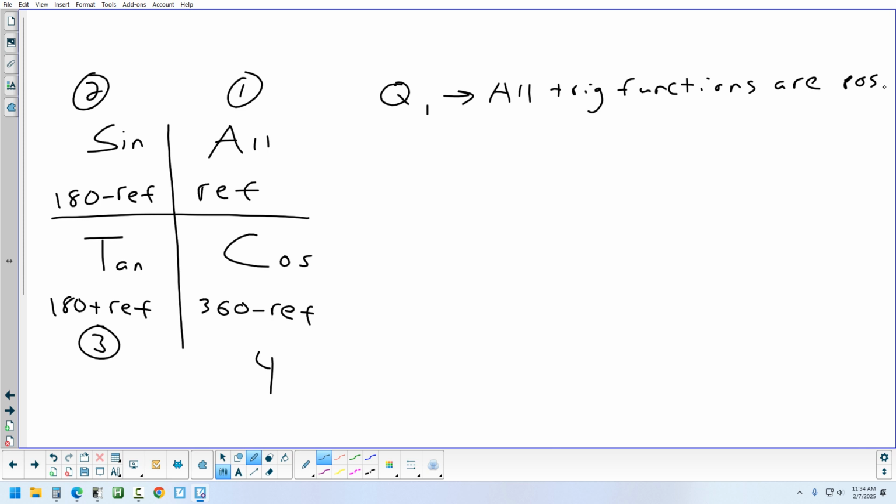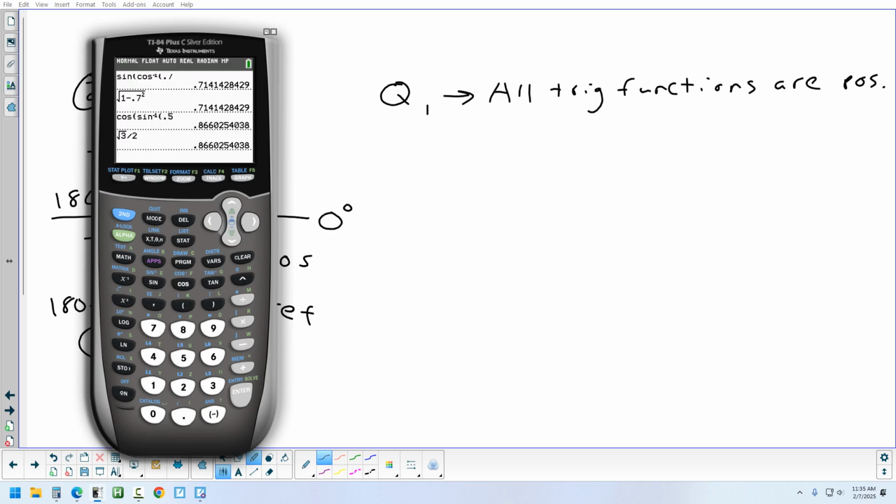In quadrant 1, all the trig functions come out positive. So think of quadrant 1. Quadrant 1 are all the angles between what and what? 0 and 90. So if you pick any angle between 0 and 90, type it in on the calculator. I guarantee you will get a positive answer if you do it in degrees.